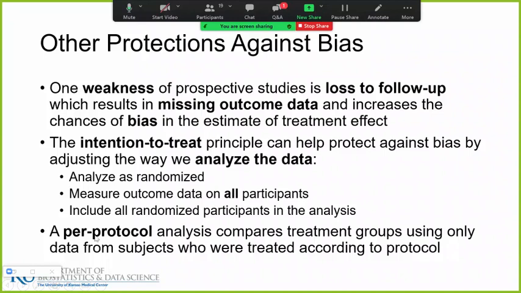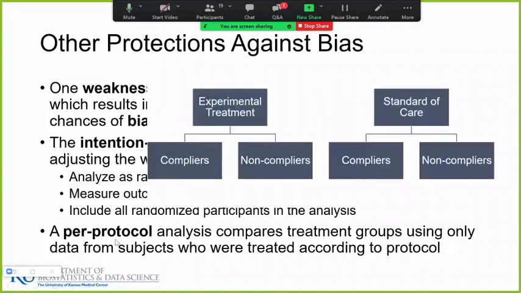So this one tends to not translate to the real world very well because not all patients who will eventually be treated will be treated according to protocol. The per protocol analysis compares treatment groups using only data from subjects who were treated according to protocol, and it tends to provide an overly optimistic view of treatment.